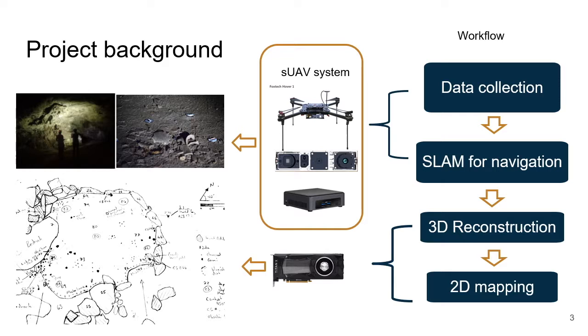On the right is our workflow. We fly quadricopters inside caves carrying onboard sensors and onboard computers, and we run SLAM systems with the sensor data we get, for stabilization and also navigation.